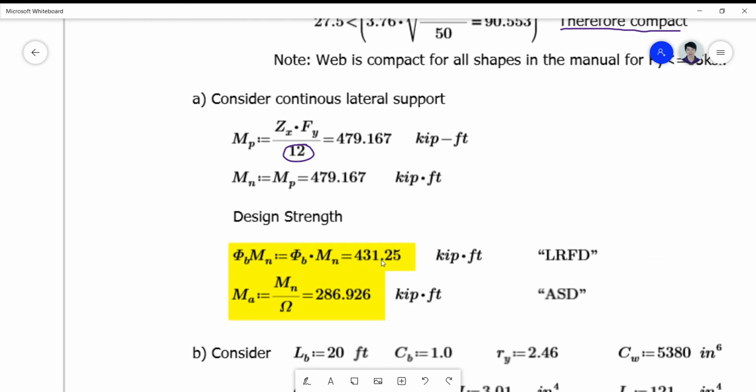So this is 431.25 using the value of phi b equals 0.90. And for the allowable stress design, your allowable moment or capacity is simply Mn over omega, which is 286.926 kip-feet, where omega, the factor of safety, is 1.67.